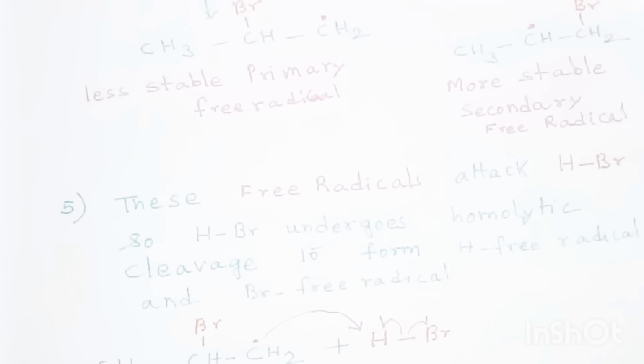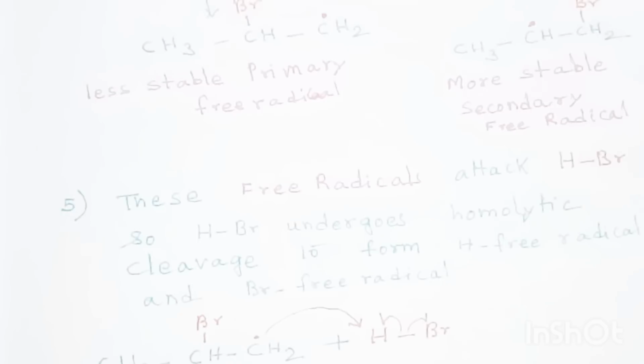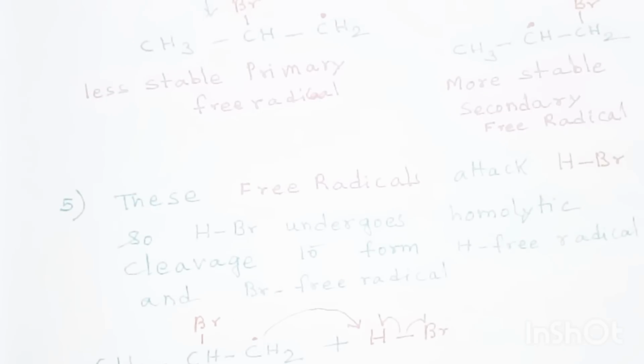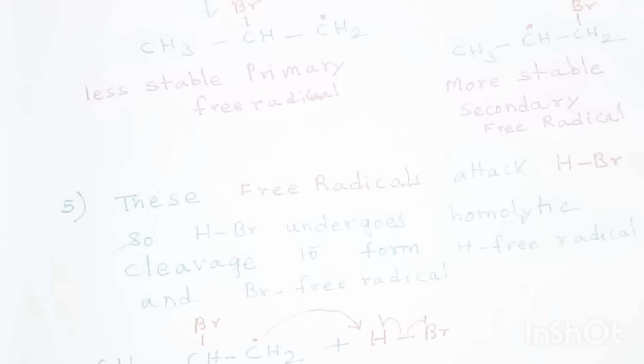So we get minor product because primary radical is less stable. So we get CH3 CHBr CH3. This radical is less stable, so we get minor product here. This is 2-bromo-propane, and this bromine radical remains like this. So 2-bromo-propane is minor product.